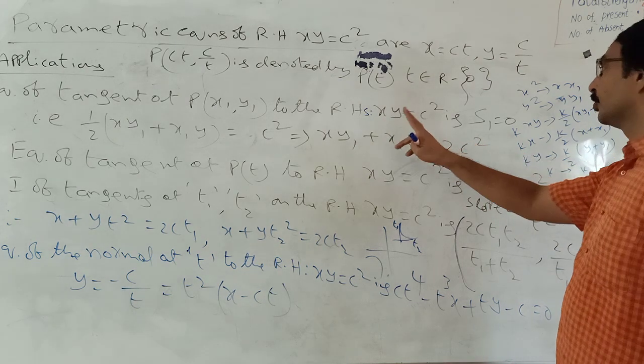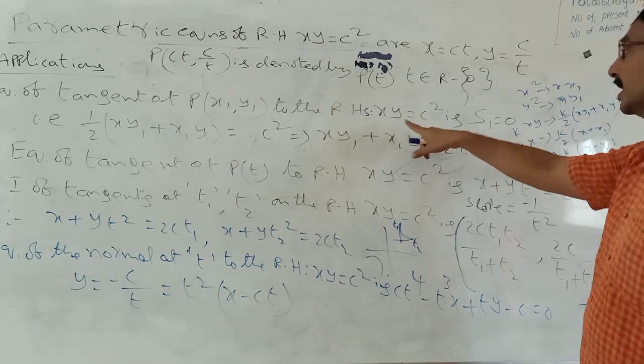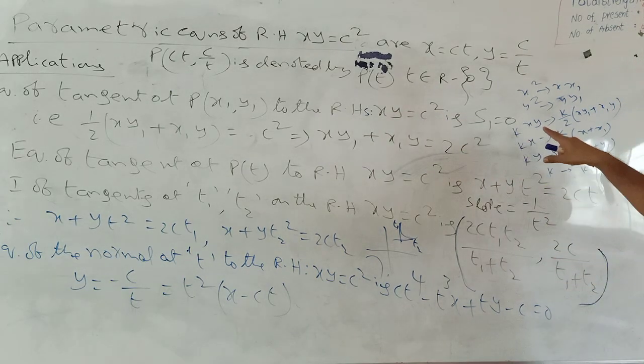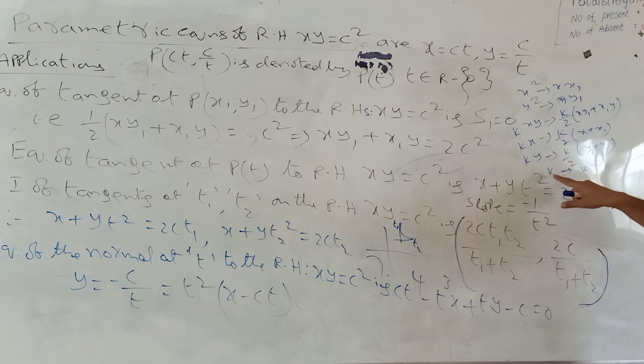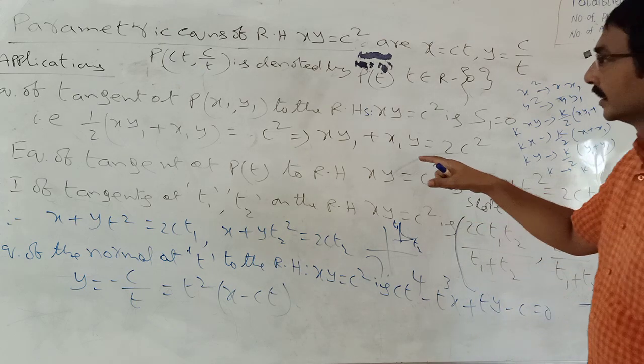But this one contains only two terms, the xy term and the constant term. The xy term is replaced with half of the coefficient of xy into (x y1 plus x1 y), with no change in the constant term.